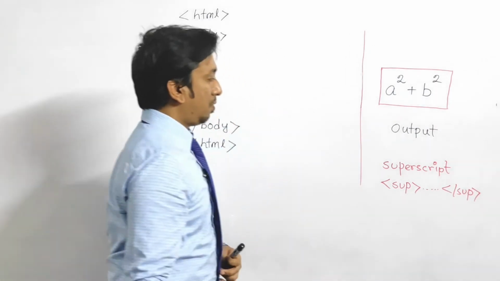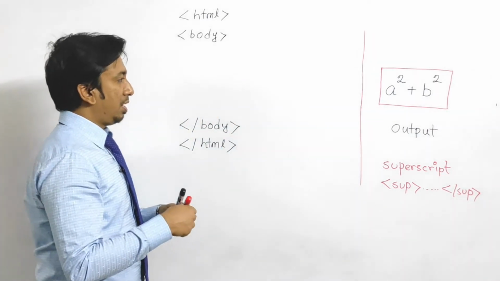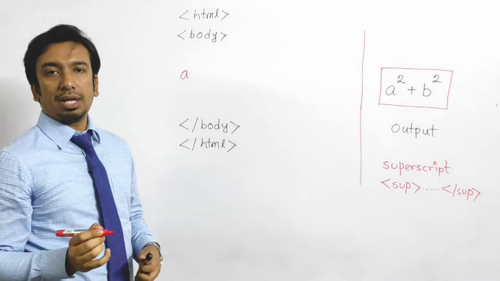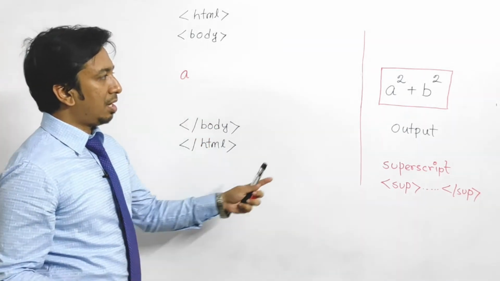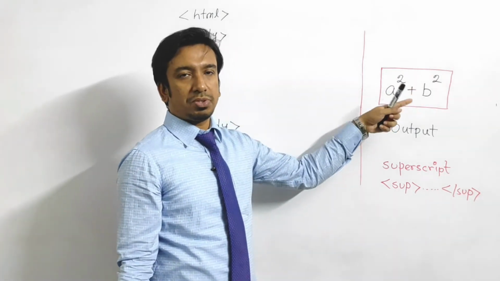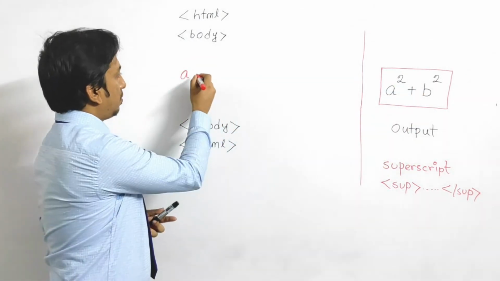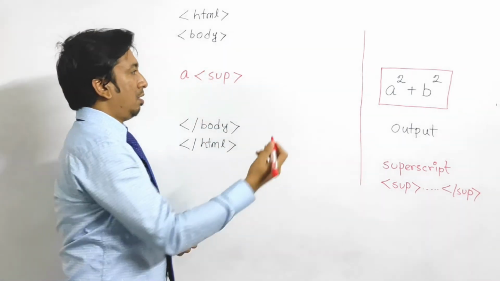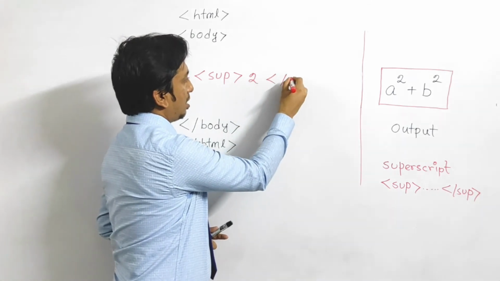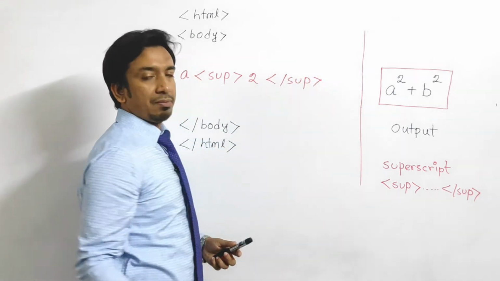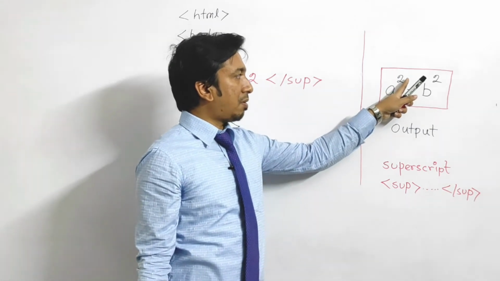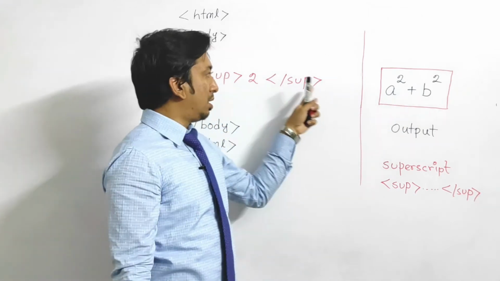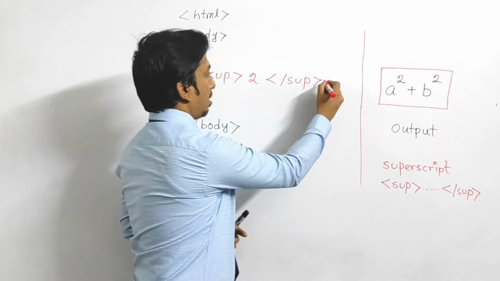So first of all write a, in the normal position. Then a to the power 2, that means it's a power 2. Then you have to write sup, then 2, and then close our sup tag. So 2 is in the power position, then we have to change the position. Now we write plus, that's why we closed the sup tag. Then write plus here.